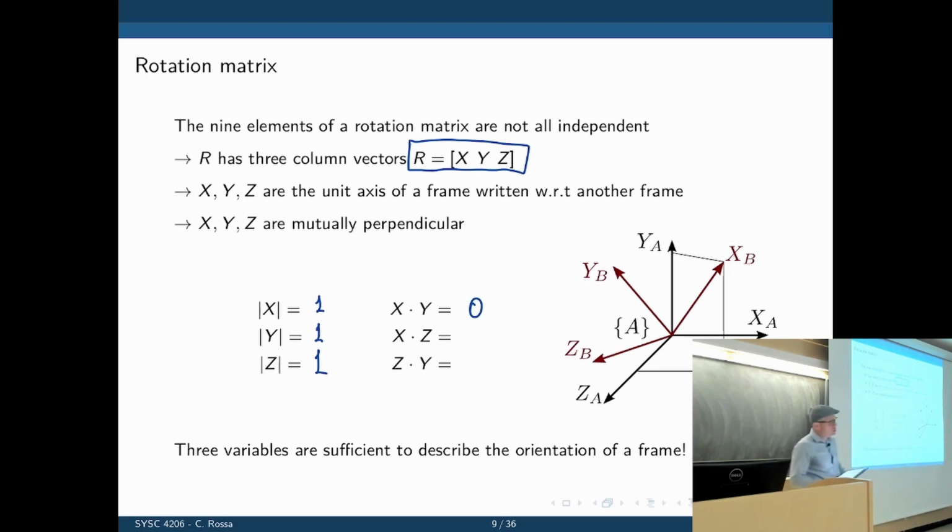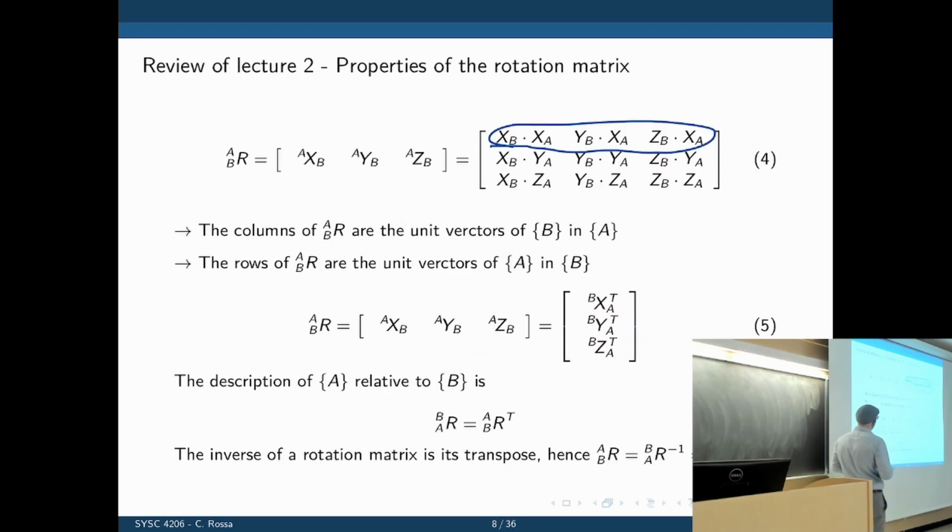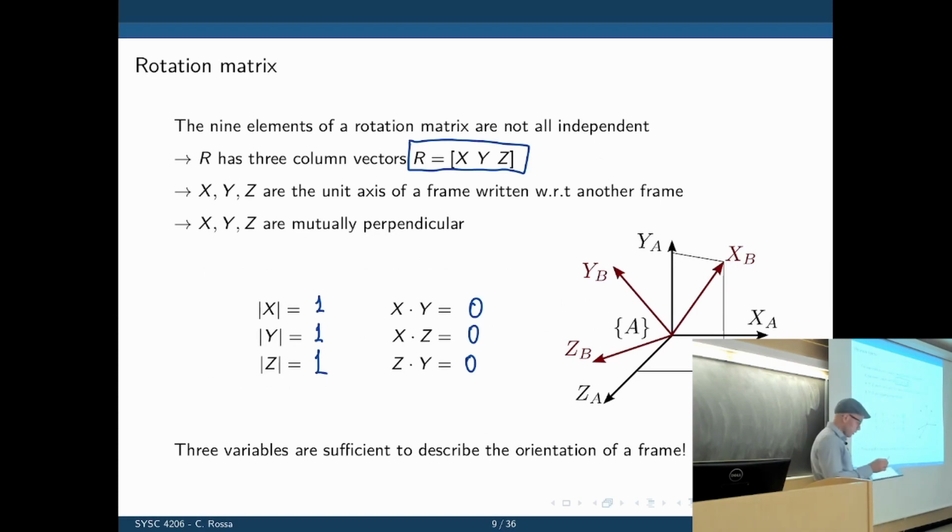So all these vectors are mutually perpendicular, which means that their dot product is 0. So back to the matrix we had before, here we can already see that some of these calculations are not necessarily independent. We are just applying the same concept over and over.